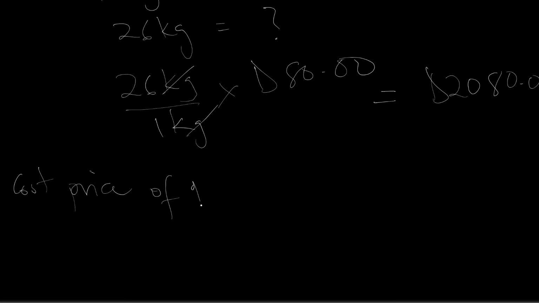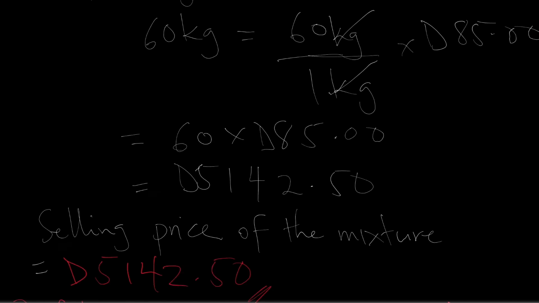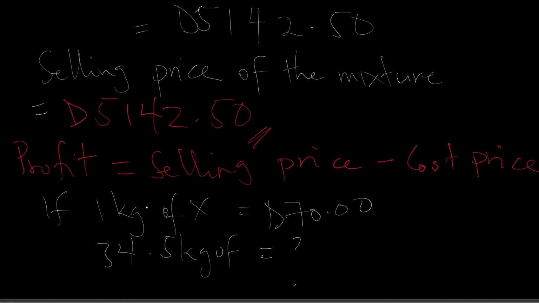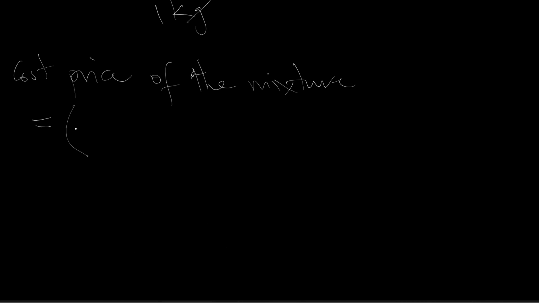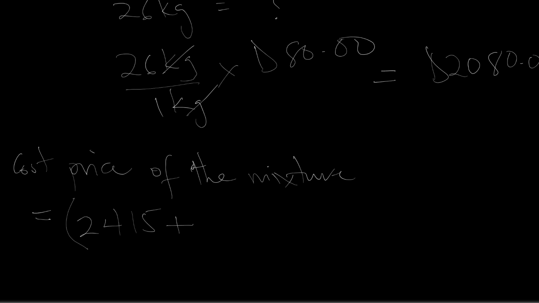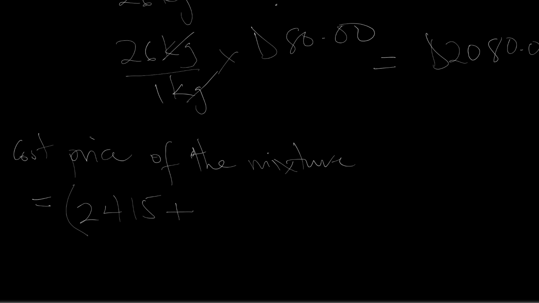So the cost price of the mixture should be equal to the price for the 34.5 kilogram of X, which was 2415D, plus the cost for 26 kilogram of Y, which is 2080.